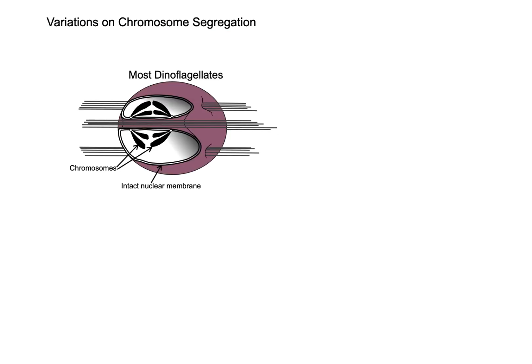There also are many species of organisms that have a nuclear membrane that never breaks down during mitosis. So in most dinoflagellates, which are in the alveolata group, they have the chromosomes within a nucleus, and often you can't see them like this.